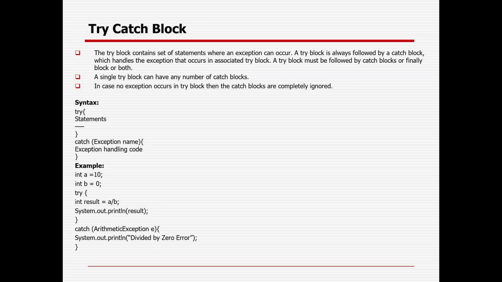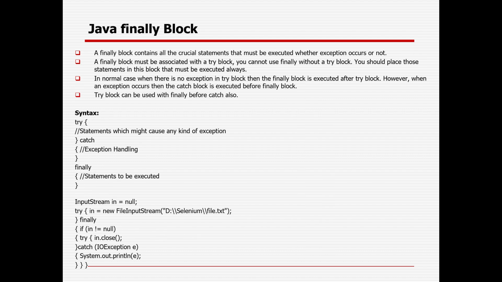And then along with this exception, there is a finally keyword available. So the finally keyword will be added after the exceptions, right? For Java try catch block. Okay, so the finally block contains all the crucial statements that must be executed whether an exception occurs or not. So the finally block must be associated with the try block. You cannot use finally without the try block. You should place those statements in this block that must be executed always.